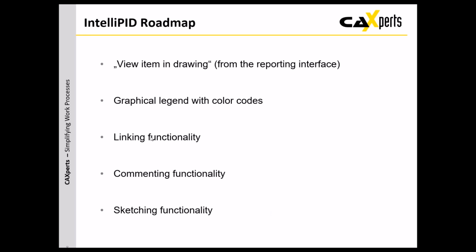One thing that I did not yet mention is the linking functionality. This will also be added in the near future, so that you have the same way like in 3D, the possibility to go both directions, that you can click on an object in IntelliPID and then open an external link.